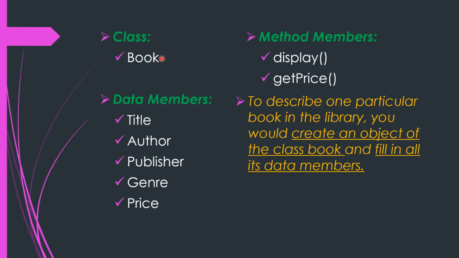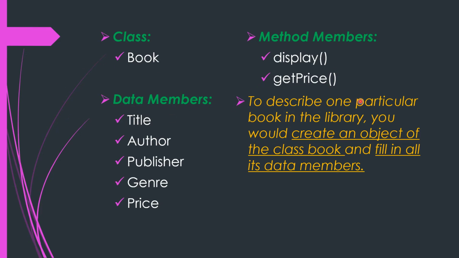It is physically existing, and it also has certain attributes. These attributes are basically the data members, and here all the data members are given. After it we have given the method members, which are display and get price, and these will be performing certain actions on the data members.